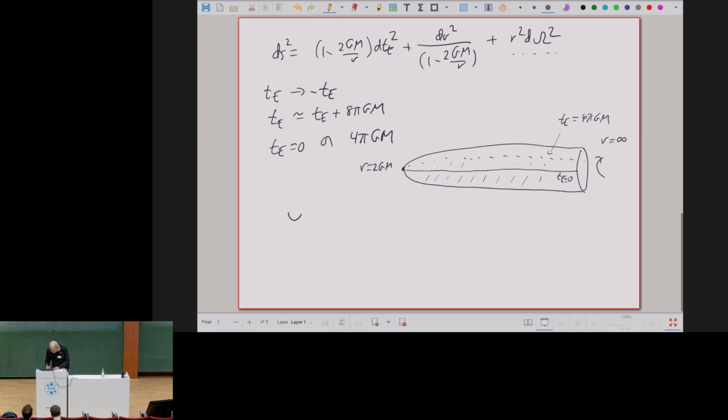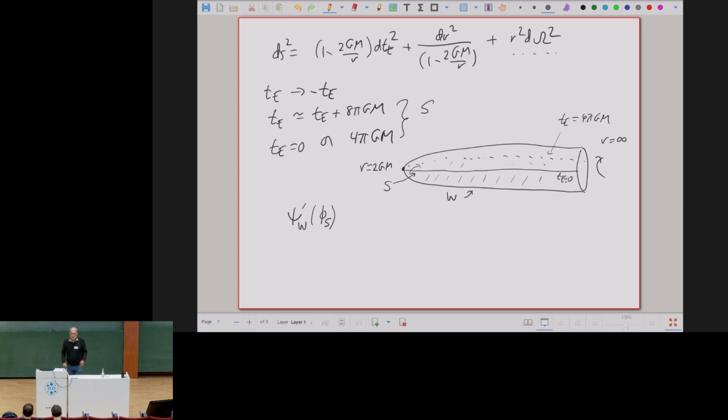So we define this state psi prime of W by saying that the fixed point set, I'll call S. The picture is getting a little busy here, but S is this fixed point set, both parts on both sides, at either T_E equals 0 or T_E equals 4 pi GM. And so I define the state psi_W, where W is the lower half.